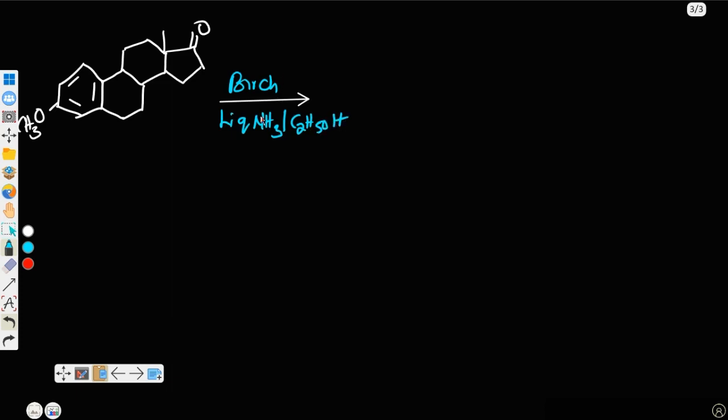What the Birch reduction will do is reduce this cyclic double bond, so instead of having three of them, we are now going to have two, and it will also reduce this group here to OH. So what are you going to get as the structure now? What I'm going to do is copy this one.